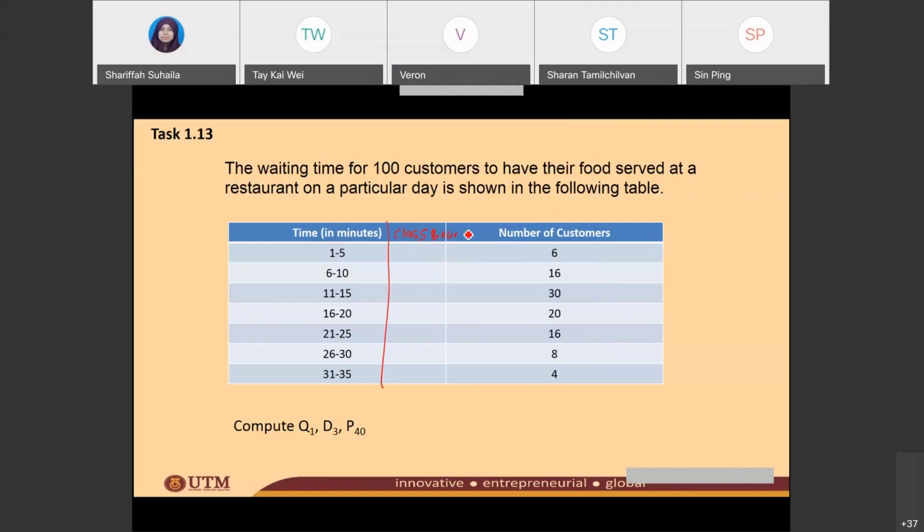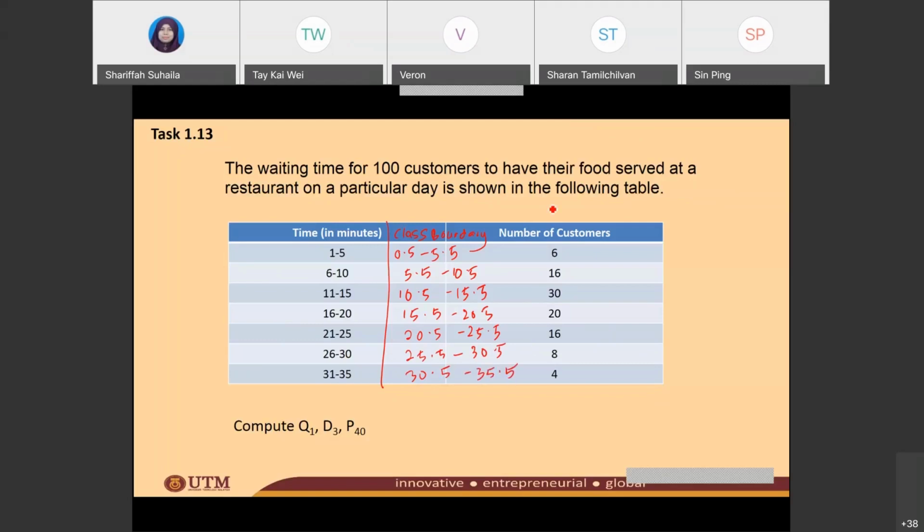So class boundary, we need that one. Again, 0.5 up to 5.5, and then 5.5 up to 10.5, 10.5 up to 15.5, 15.5 up to 20.5, 20.5 up to 25.5, 25.5 up to 30.5, and the last one, 30.5 up to 35.5.